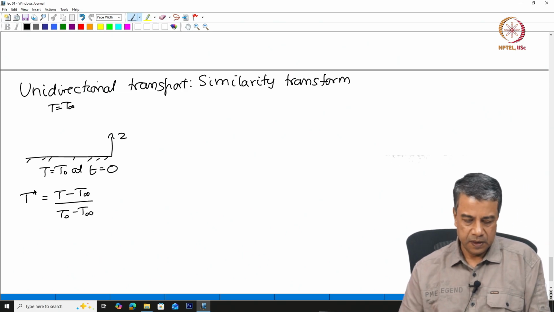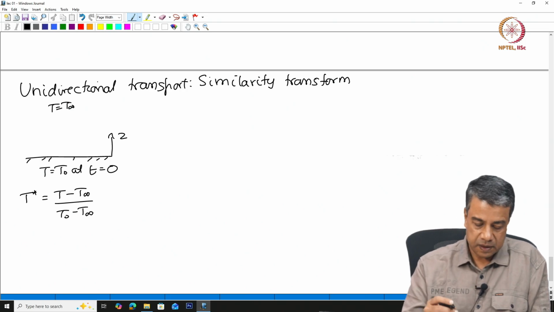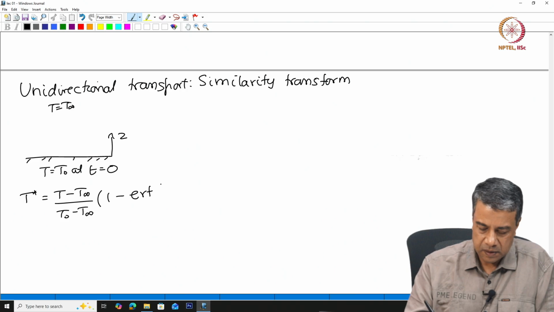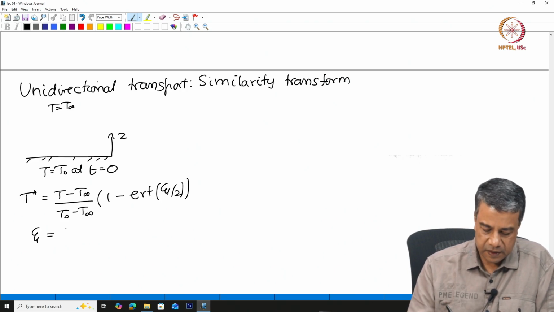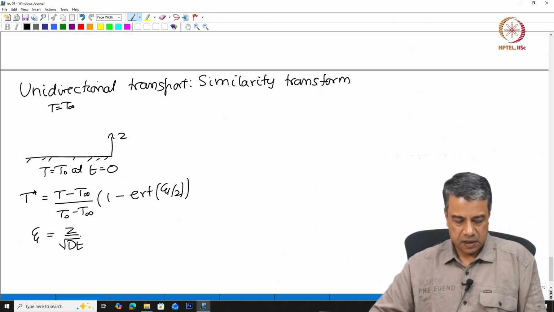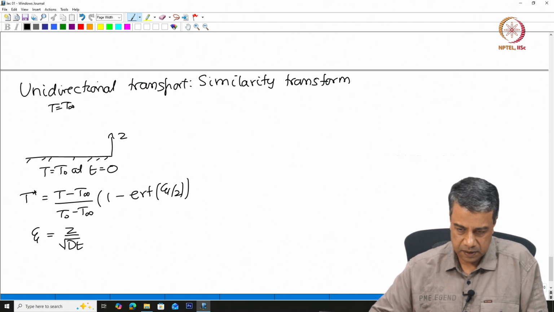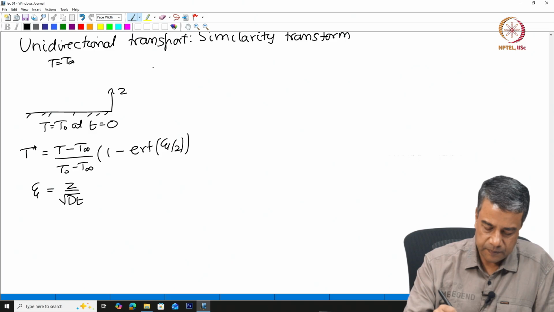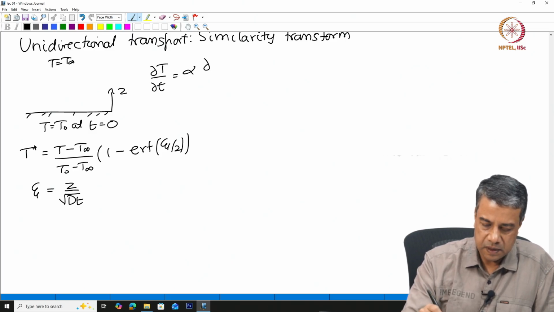In terms of a similarity variable, that was 1 minus error function of psi by 2, where psi is a similarity variable z by root Dt, dimensionless, and in fact the only dimensionless parameter that you can make from z and t. And this we got by solving the equation partial T by partial t is equal to alpha d square T by dz square.